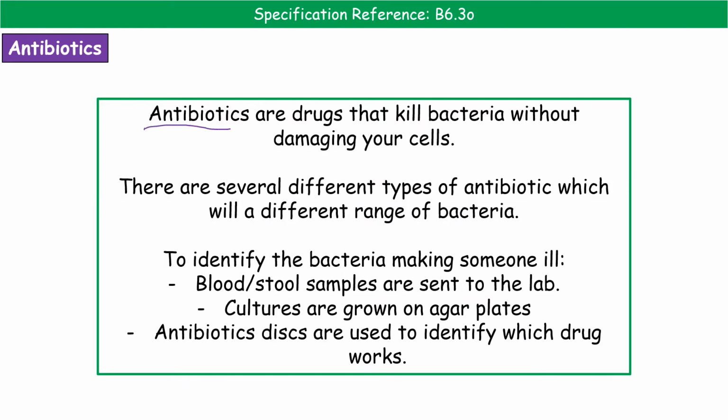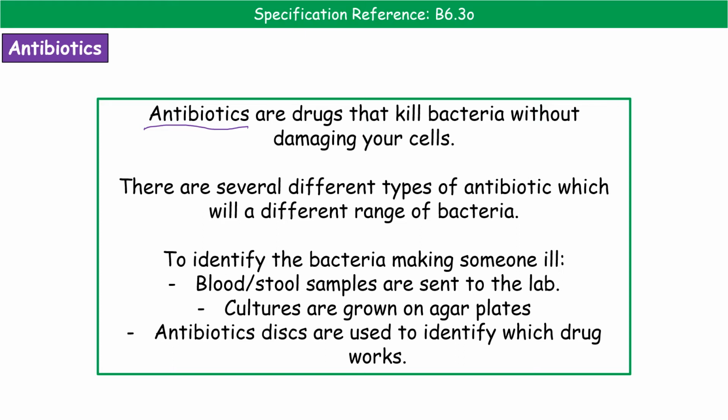If we're dealing with a bacterial infection, it's antibiotics. So antibiotics kill bacteria. And again, we've got a range of types of antibiotic that work on a different type of bacteria.